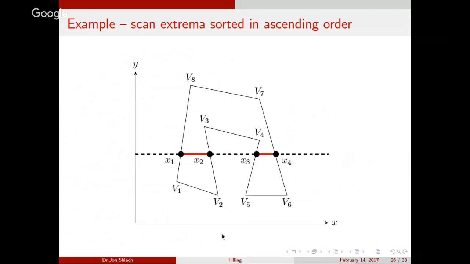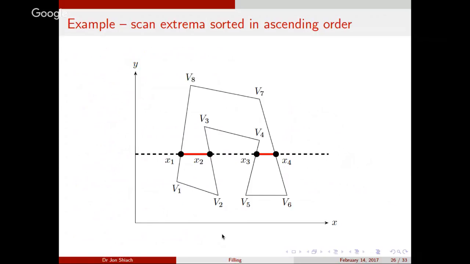So it's only between pairs: 1 and 2 is a pair, 3 and 4 is a pair. If I had 5 and 6, that'd be another pair. This has the effect of, for this scan line, having pixels illuminated, then not, then illuminated, then not. So therefore, it's able to cope with that concave polygon.